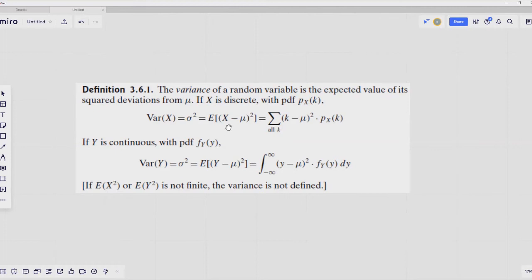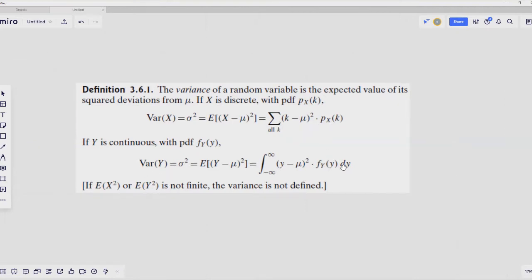So it is the expected value of those squared deviations. In the case when we are working with a continuous random variable, we need to calculate an integral from minus infinity to plus infinity of (y minus mu) squared multiplied by the PDF of y, where mu is defined as the expected value of random variable y.